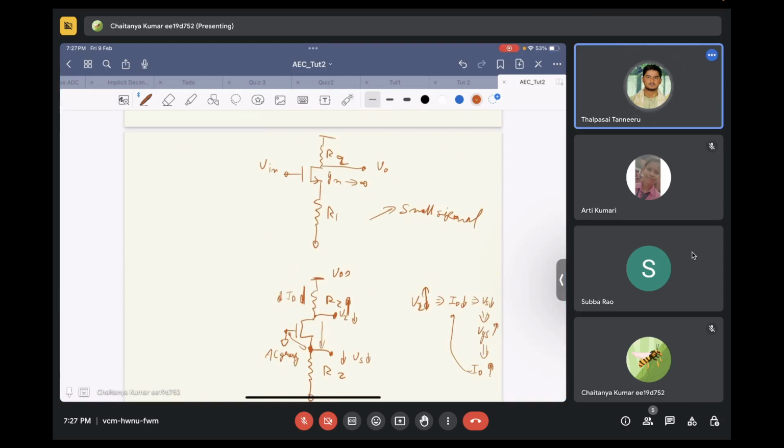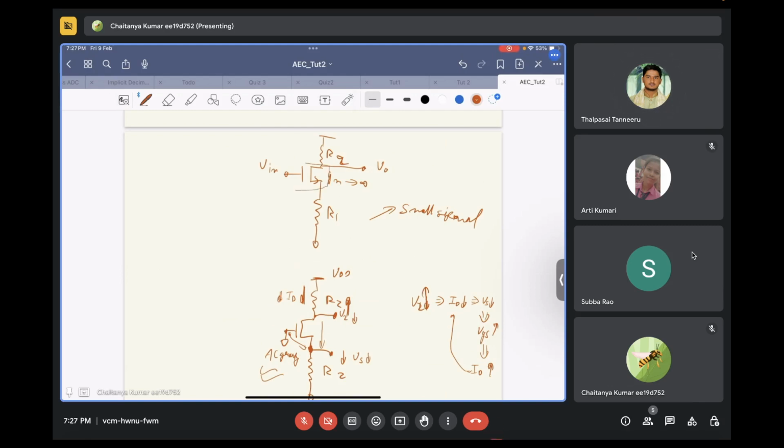Now, what is the input to this controlled source? In the original circuit, we made negative feedback. What is the complete input to the current source?